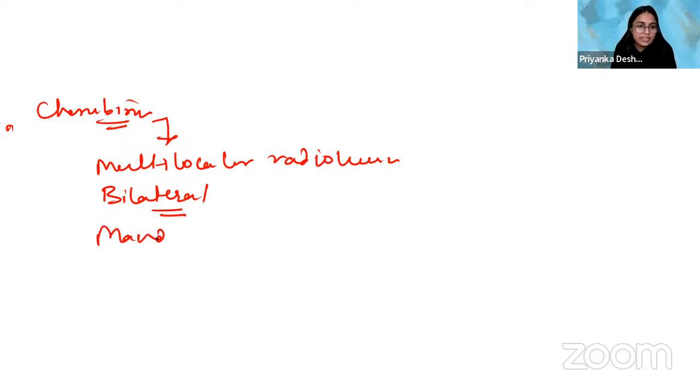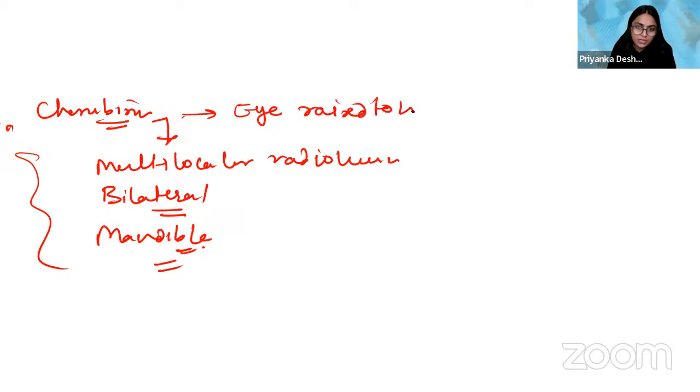Mostly it affects the mandible. So these are the features seen in cherubism. Also, in clinical features, you will be able to see the eyes raised to heaven appearance. So these are some radiographic features, and this is the clinical feature that you will see in cherubism.